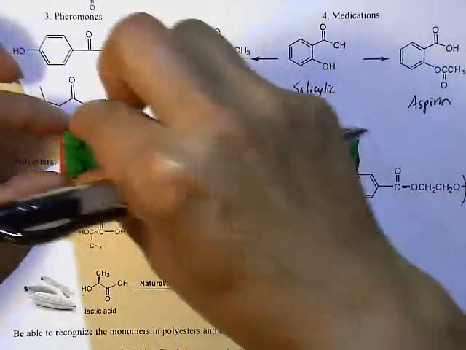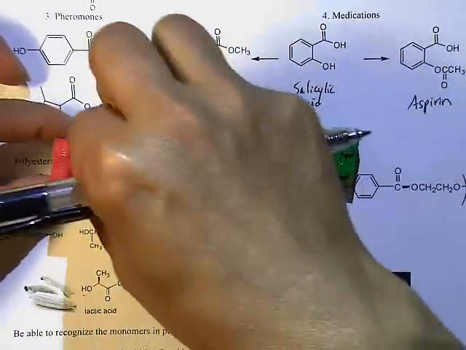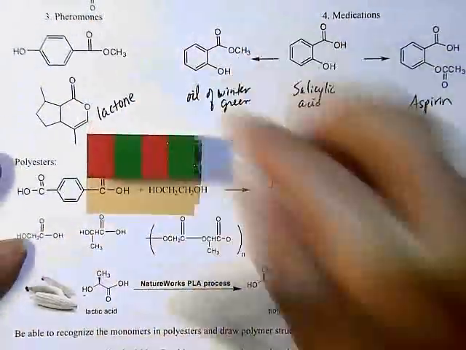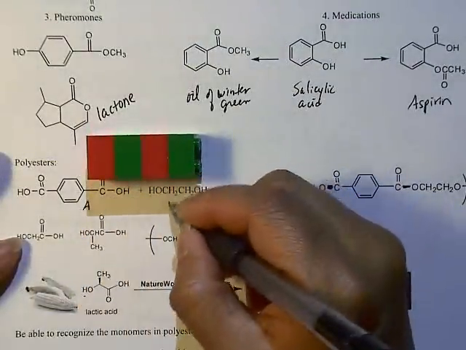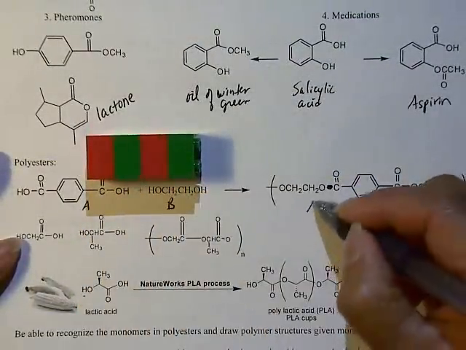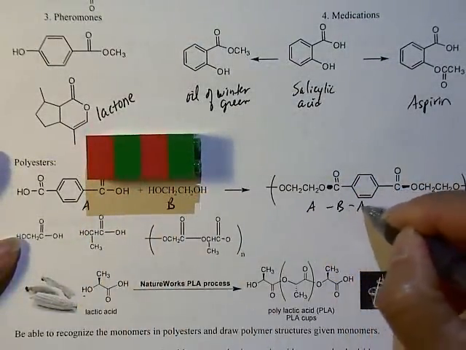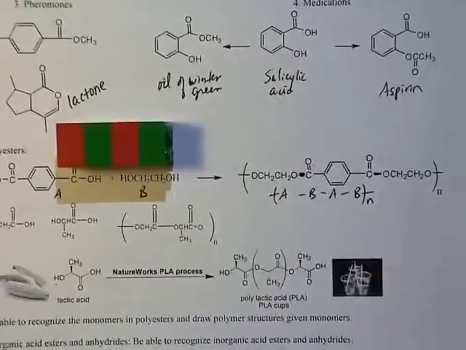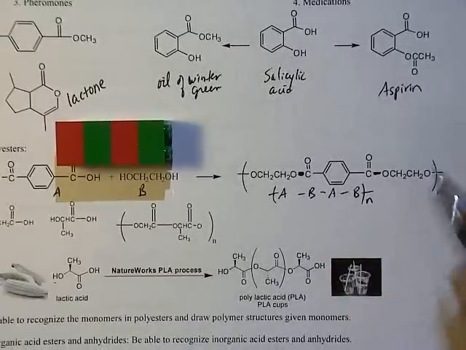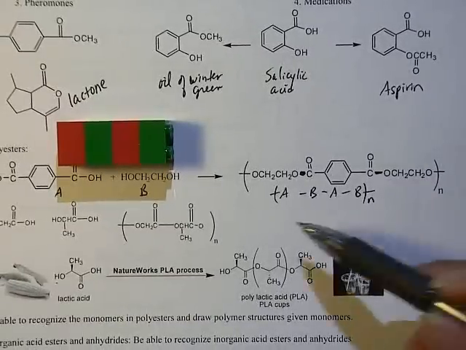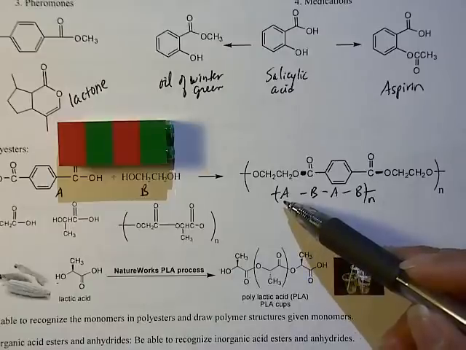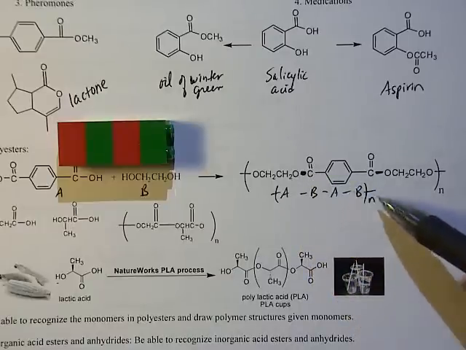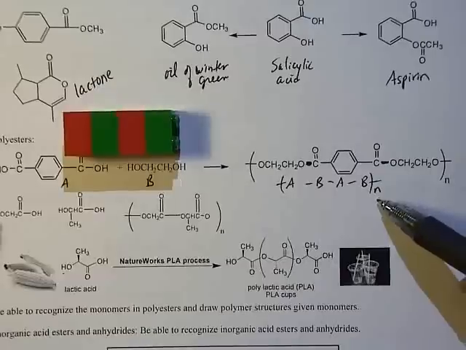You connect them in an AB fashion like this. Think of this monomer as A, this as B, and then you have an AB polymer that keeps repeating AB like that. Because the linkage is ester, this is polyester, and you could have thousands of units like this.